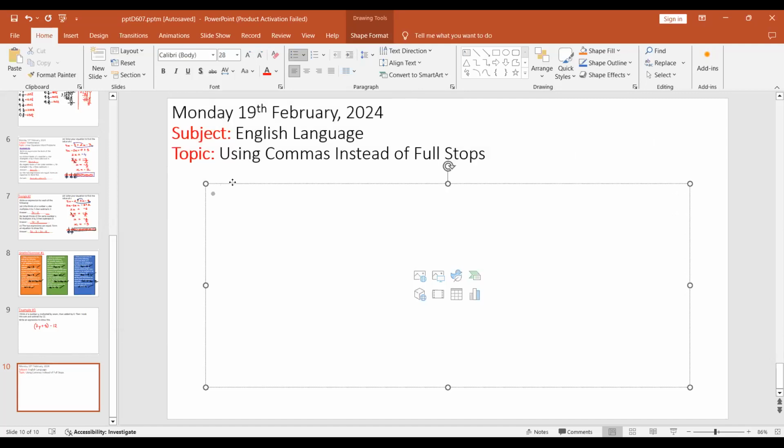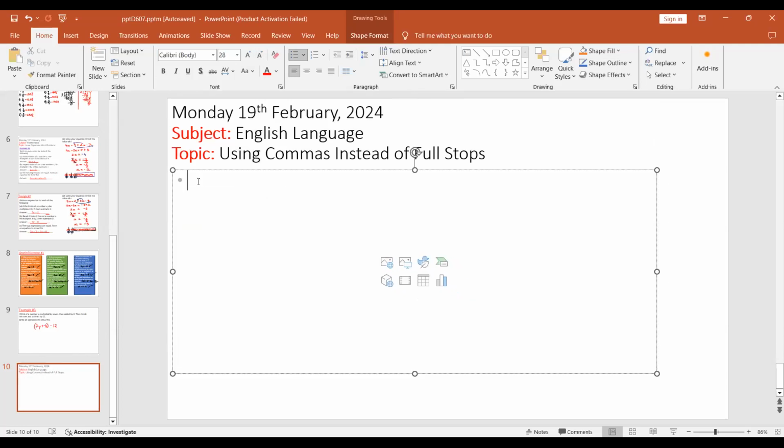So when we use commas in writing, what does a comma tell us to do in general? Try to pause and take a break. Very good. So commas are used to indicate the points where, is it a long pause or a short pause? A short pause. Very good. Where short pauses.